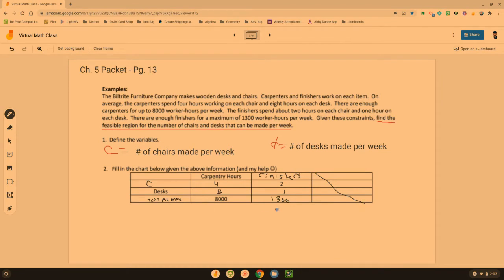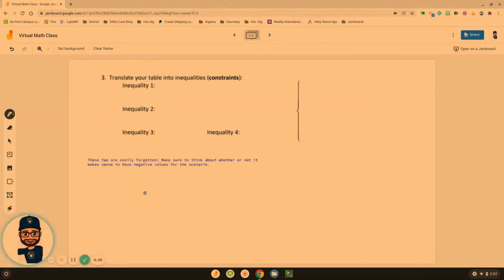So that's where we're starting, trying to gather the information and figure out where we're going to go, right? The total max being 8,000 for carpentry hours, and the total max being 1,300 for finishers. Now what we need to do is translate that information into inequalities, or what we call the constraints of the problem.